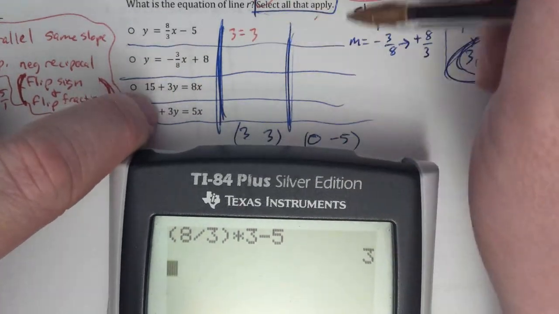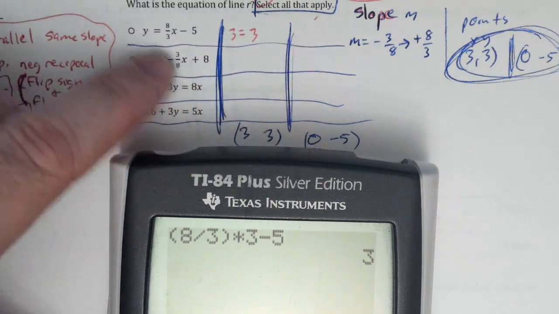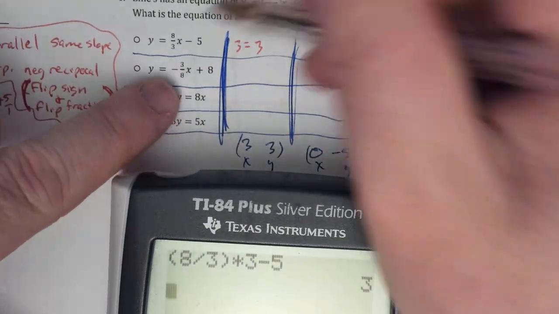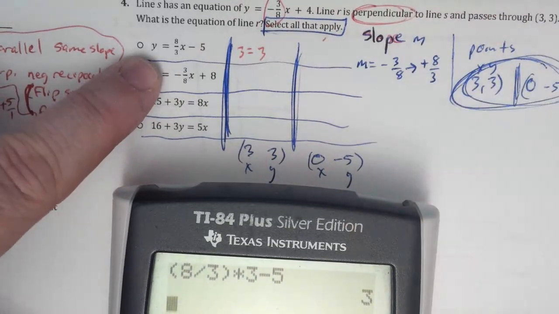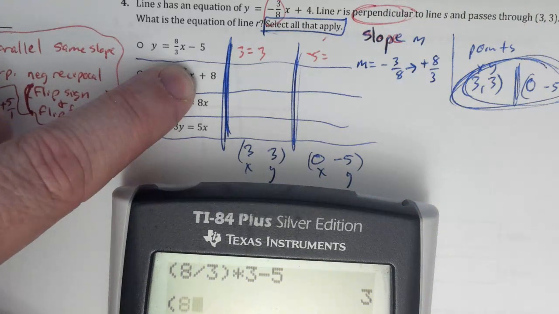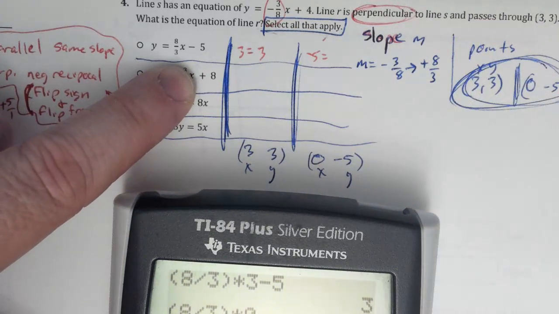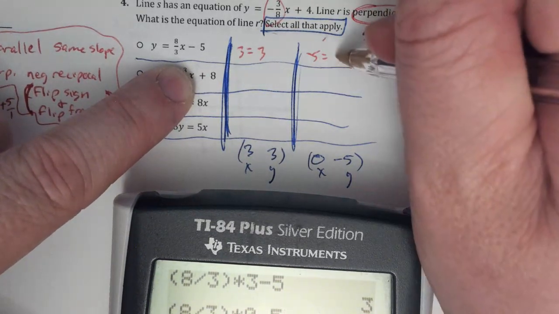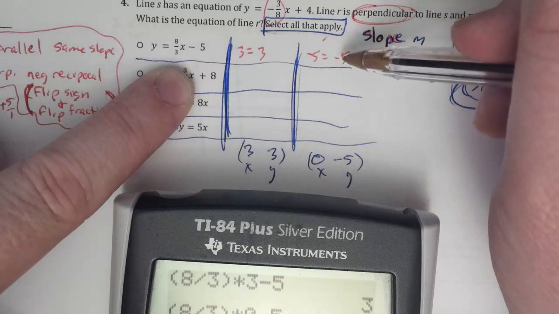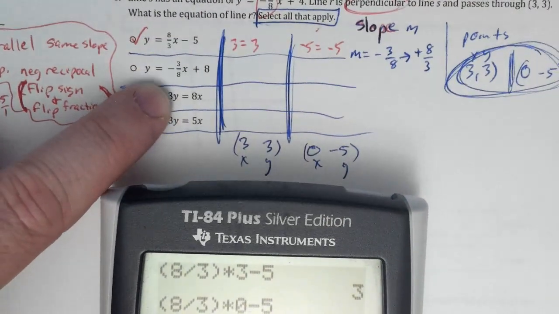Does that equal 3? Yes, this is still happy. Now, does the other coordinate work? If I plug 0 in for x and negative 5 in for y, does negative 5 equal 8 divided by 3 times 0, subtract 5? I got negative 5. So both of these work. So this does work.